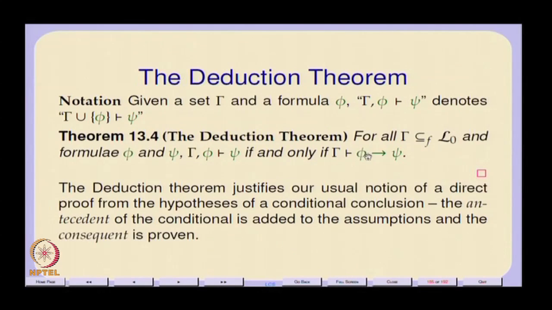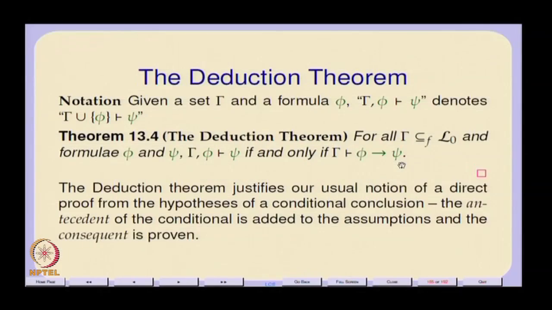The deduction theorem essentially says that a conditional statement of the form phi arrow psi is provable from a set of assumptions gamma if and only if, after adding phi to the assumptions, the new set gamma union phi can prove psi alone. This is exactly what happens in most of the direct theorems that we prove in mathematics.